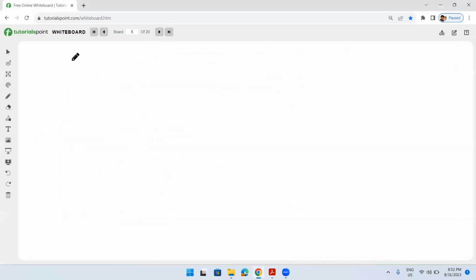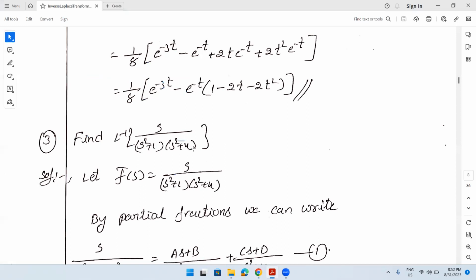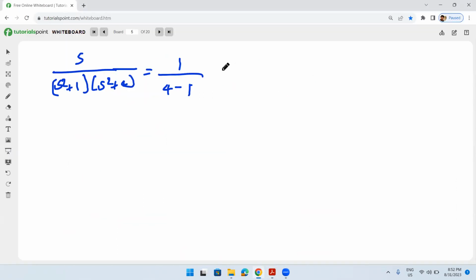So what's the question? s by (s square plus 1)(s square plus 4) is equal to 1 by (b minus a), where b is nothing but the bigger minus the smaller. Here the bigger is 4 and the smaller is 1.